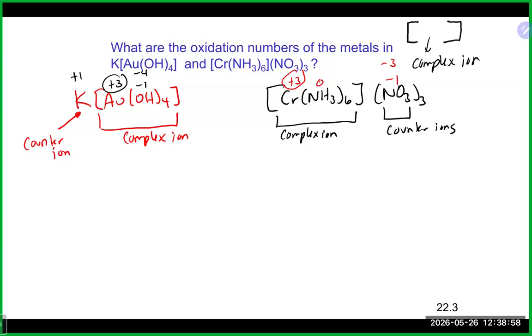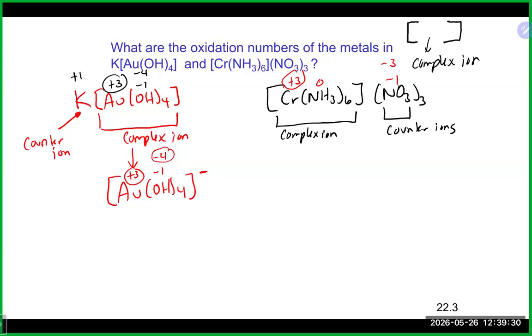In this particular case, we do see a couple of things. If we take just the complex ion part by itself, we have figured out that the ligand is -1 and there are 4 of them, which gives you -4. We figured out that the gold here is +3. So the charge on my complex ion is +3 and -4, which is -1 overall.